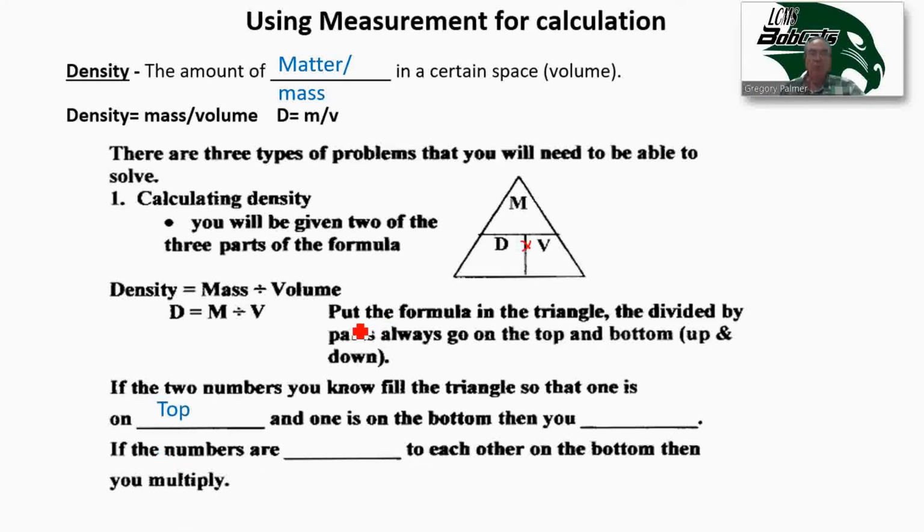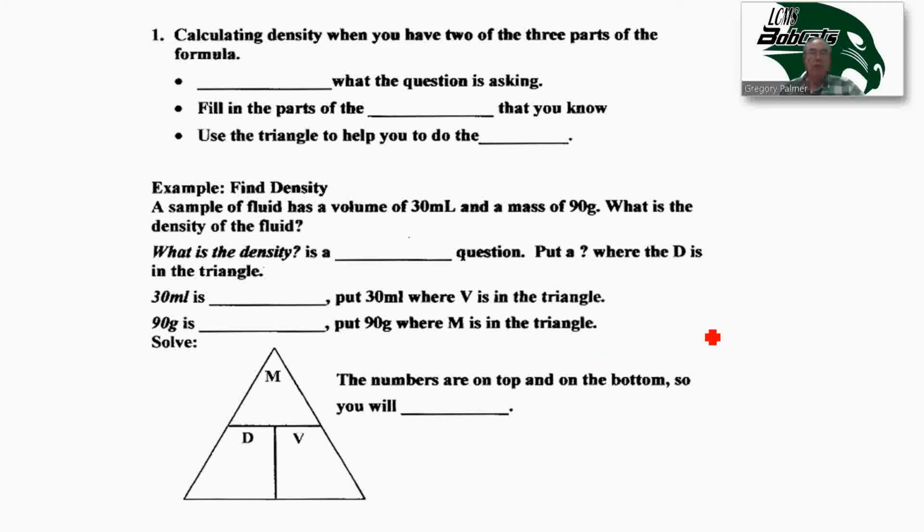Okay, so the examples we did before, if the numbers you know fill the triangle, one is on the top, one is on the bottom, we divide. The numbers are next to each other, we multiply. So here was a quick example, calculating density when you got two of the three parts of the triangle. Decide what the question is asking, fill out the parts of the triangle you know, use the triangle to help you do the math. Okay.